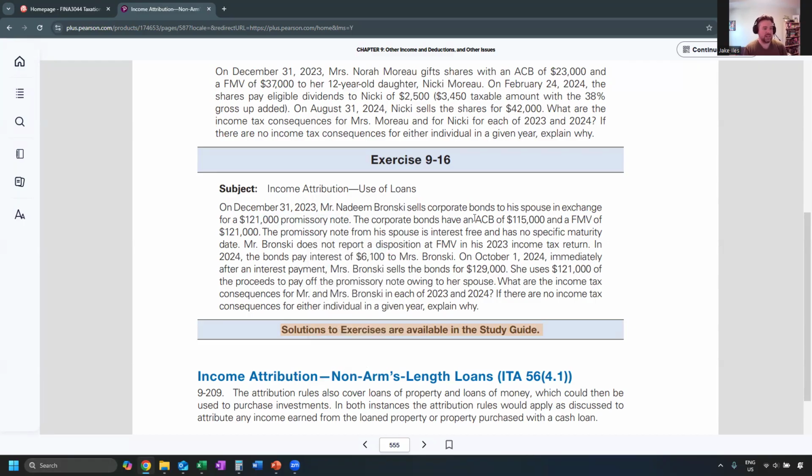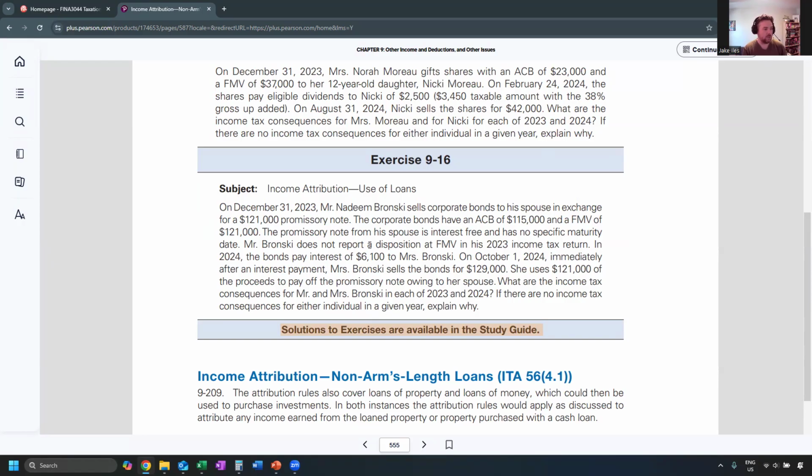The corporate bonds have a cost base of 115,000, fair market value of 121,000, and the promissory note from his spouse is interest-free and has no specific maturity date. So we've called it a loan, but the spouse might never pay it. There's no set payment time and there's no interest bearing. So there's no consequence to the spouse if they just never pay this loan.